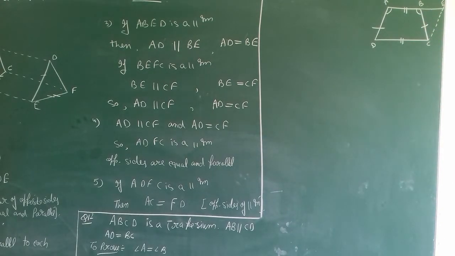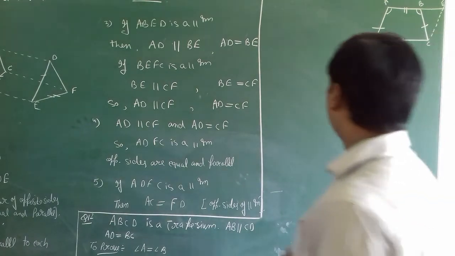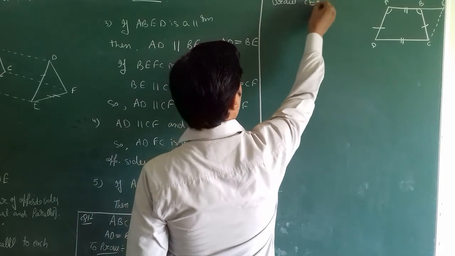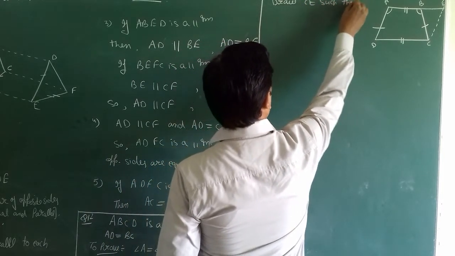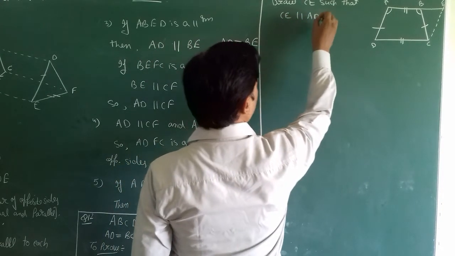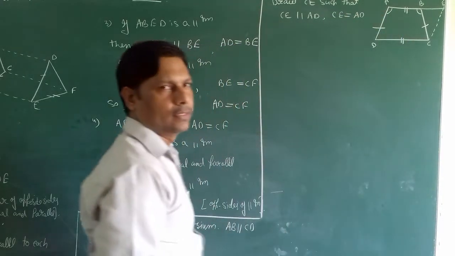So in this question we have to construct a line CE that is parallel to AD, right? Then we have ADCE is a parallelogram. You can write here, draw CE such that CE parallel to AD and CE is equal to AD, right?